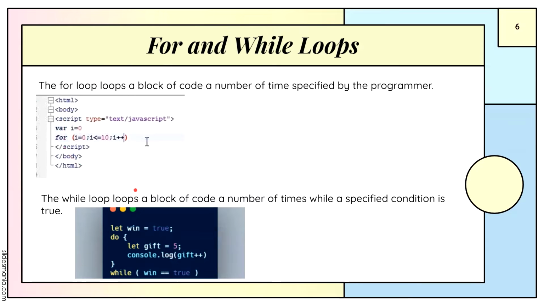The while loop is a loop that does it a number of times while the specified condition is true. Once that is not true, it stops the loop. It breaks it. So for example, let's say do this loop until the number of cookies is greater than 10.